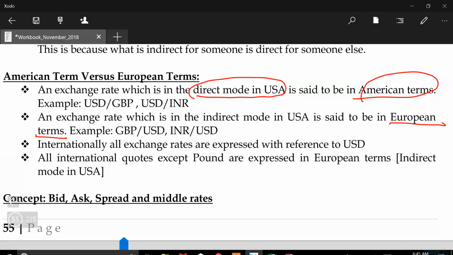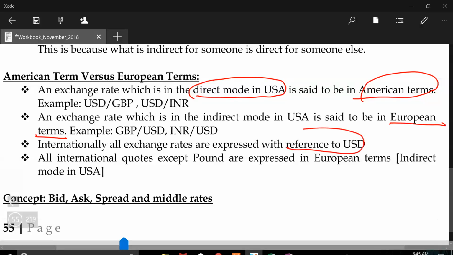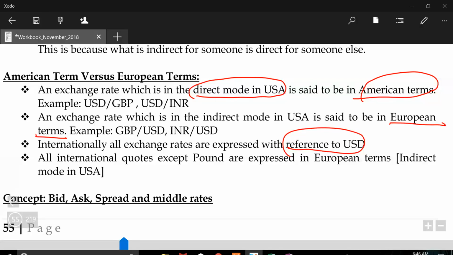Now another important thing is, internationally all quotes are normally given with reference to US dollars. You go to UAE and ask what is the exchange rate, they'll say whatever is their currency per US dollar. They are not going to make it as per INR and give it to you. Internationally, all exchange rates are normally given with reference to US dollar.